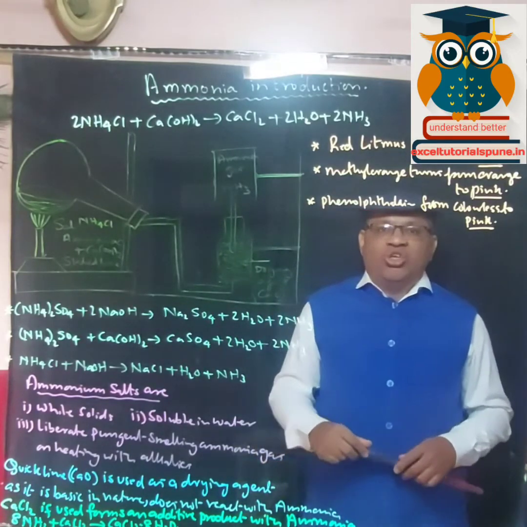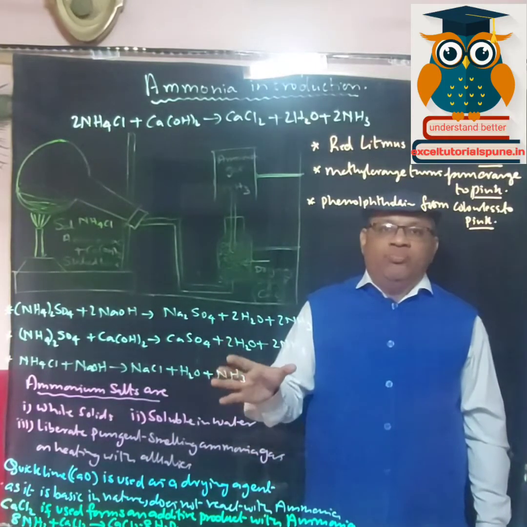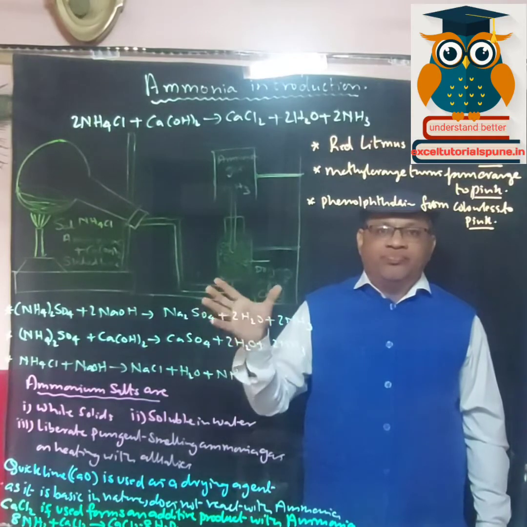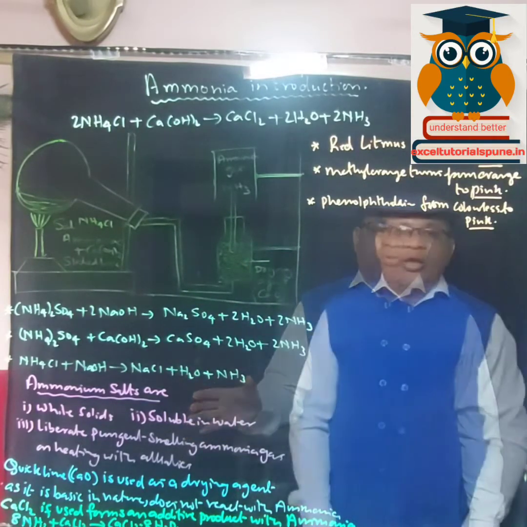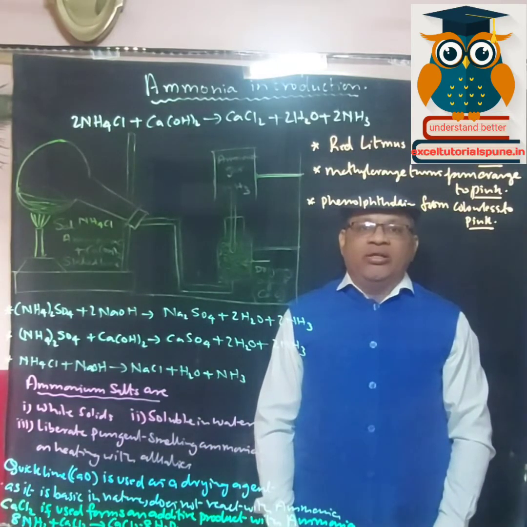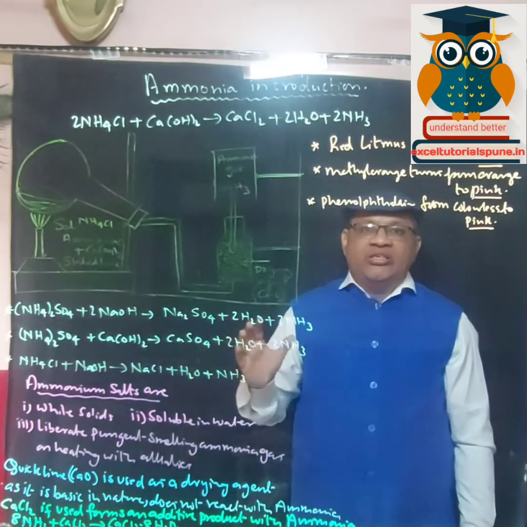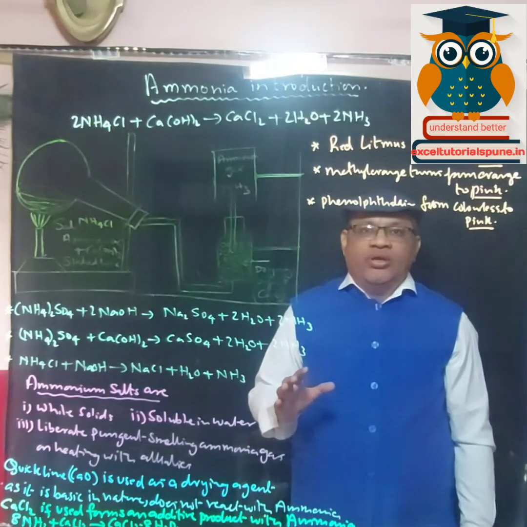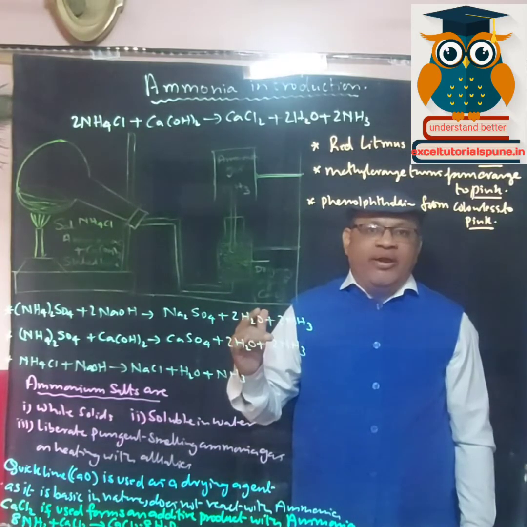Now, in the manufacture of ammonium hydroxide or liquor ammonia, we know from the fountain experiment that ammonia is highly soluble in water. For obtaining liquor ammonia, that is ammonia and water, the same arrangement as we use for HCl, the funnel arrangement, is used, because ammonia is highly soluble in water. We studied in the HCl video how the funnel arrangement is used.